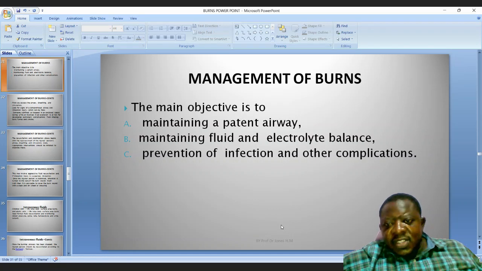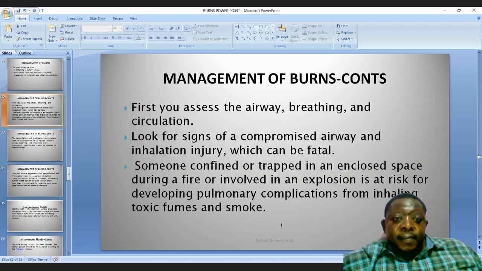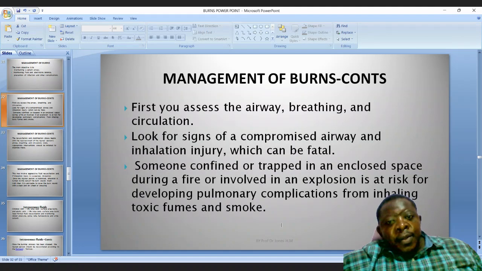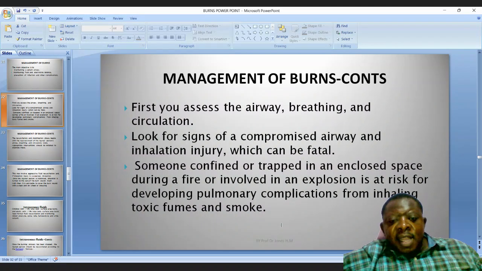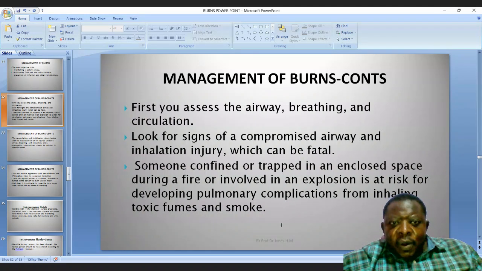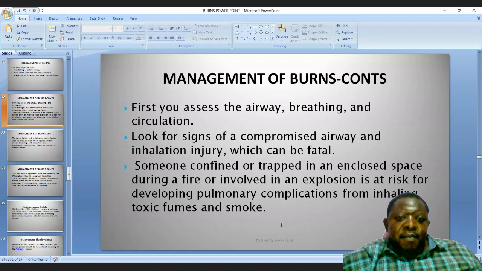So, first, in managing burns, you're going to follow the emergency management in the first 24 hours. In the emergency management of burns, you ensure the airway is patent. If there are any blockages within the airway, you remove them. Ensure breathing is within normal range and is not compromised.